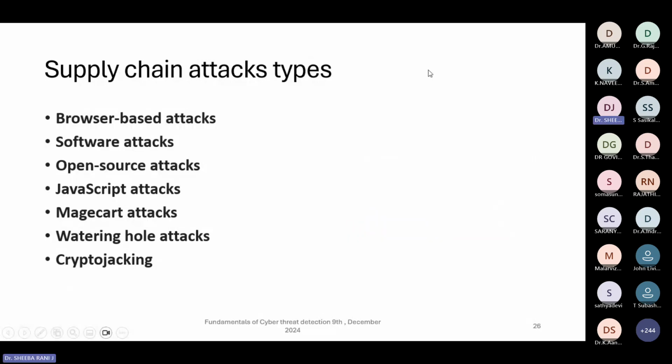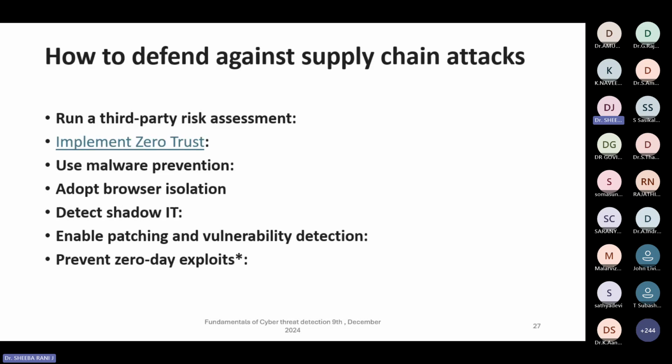Supply chain attacks can be browser-based attacks, software attacks, open source attacks, JavaScript attacks, Magecart attacks, watering hole attacks, cryptojacking. So many things are there, where within cybersecurity itself they introduce malicious things.